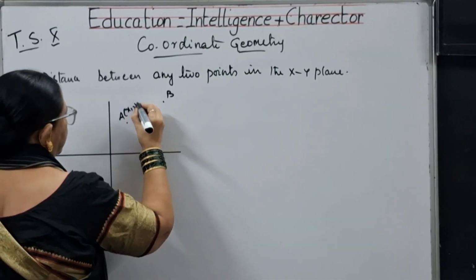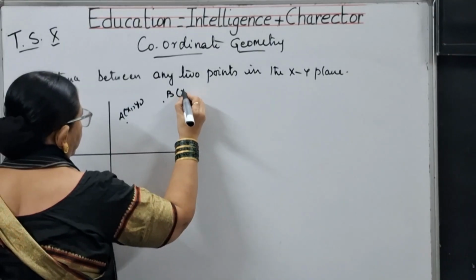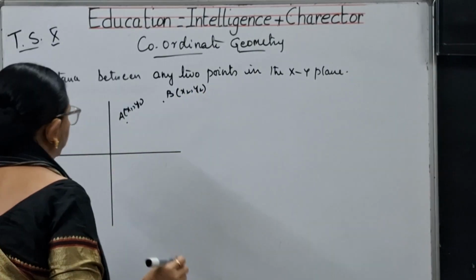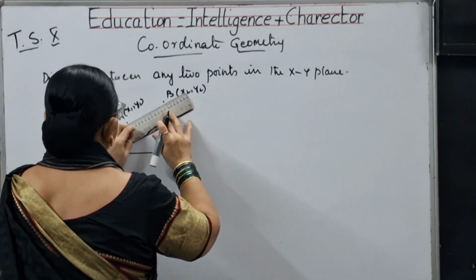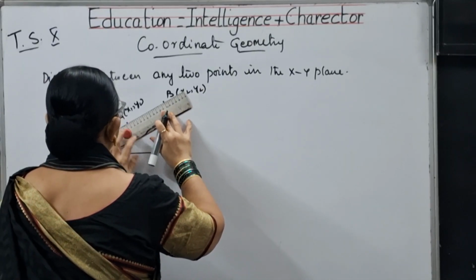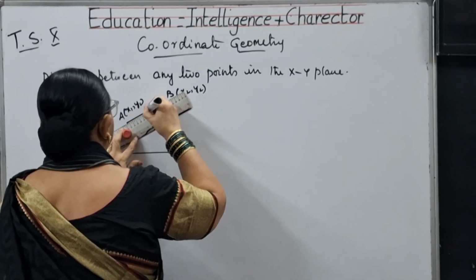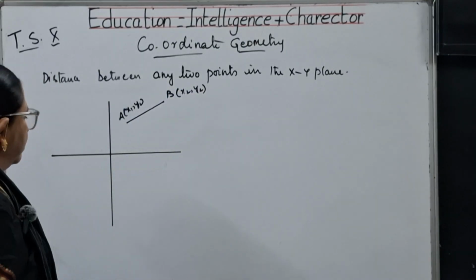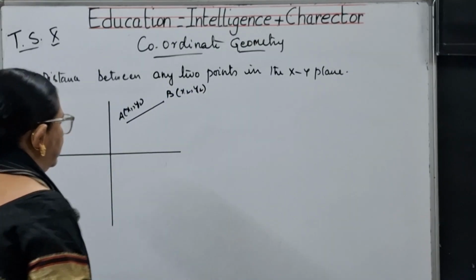Coordinates of A is x1, y1, and coordinates of B is x2, y2. Now you want to find the distance between A and B. How to find the distance between A and B? Let us go for the derivation.